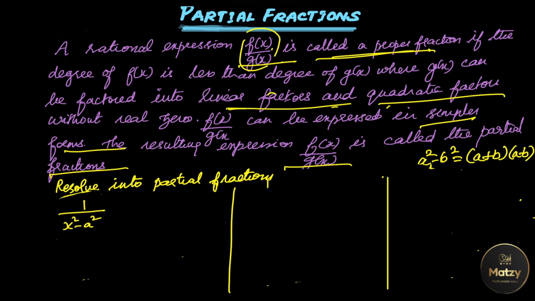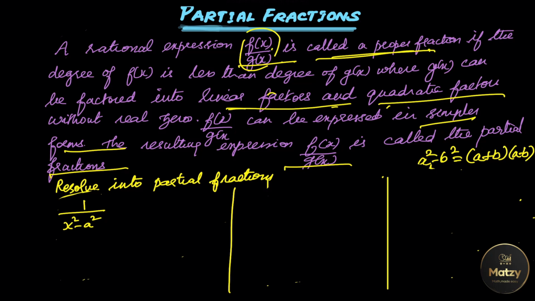When you express f of x by g of x into simpler forms by factorizing the denominator g of x, then those simpler forms are said to be partial fractions.